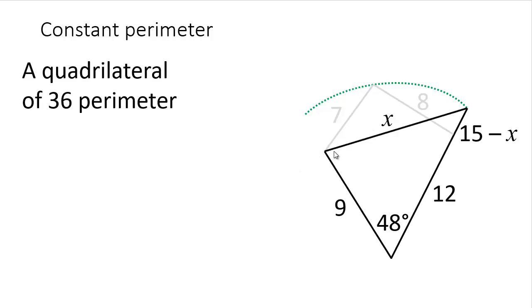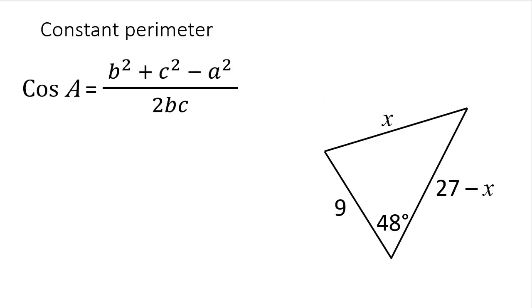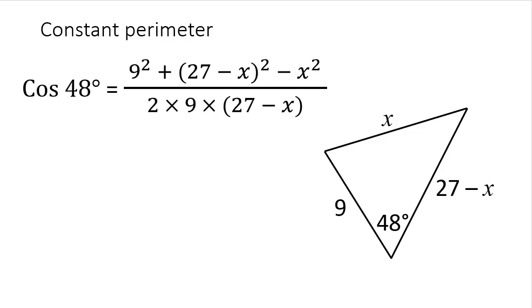So I'm again calling this distance my unknown distance x. What remains on this side is still 15 minus x. Well, 15 minus x is adding to the 12, so that side is 27 minus x. So we have my triangle. We know it's true. That means this must work. We stick in our values.